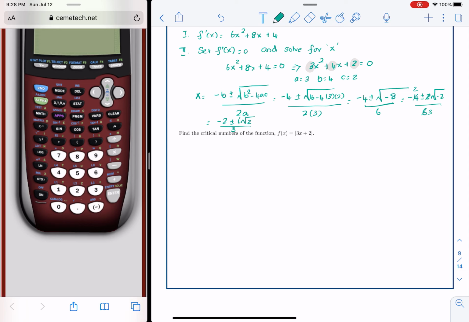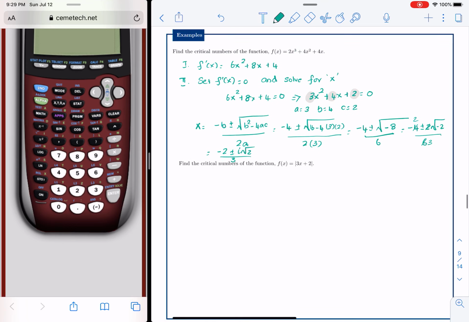You look at these values and you say, oh, we have imaginary numbers here, so perhaps they are the critical values. If you get imaginary numbers, then you don't have critical values. Of course, we have complex critical values, but we want real numbered values for the critical values.